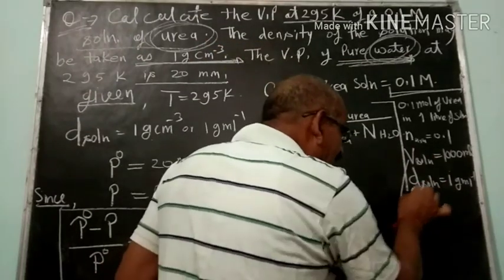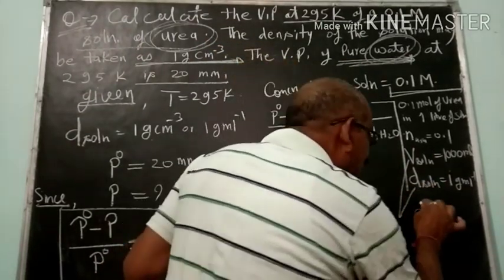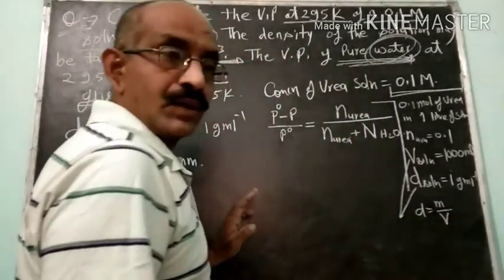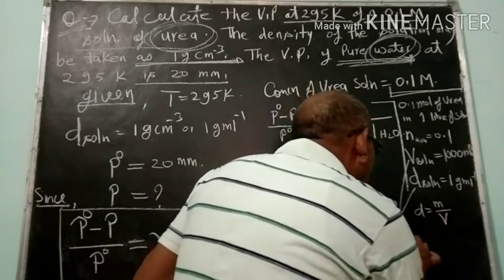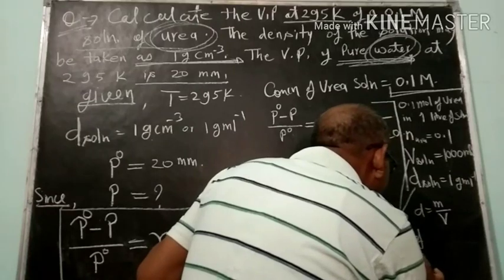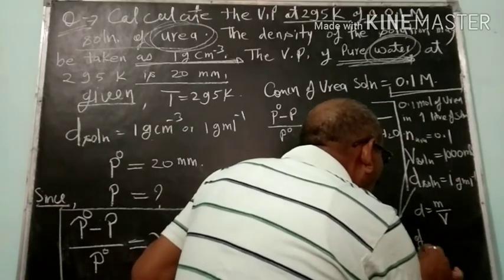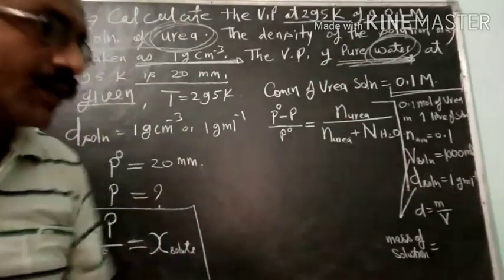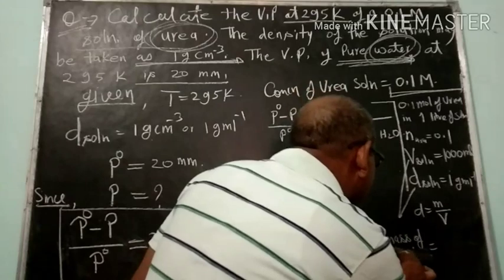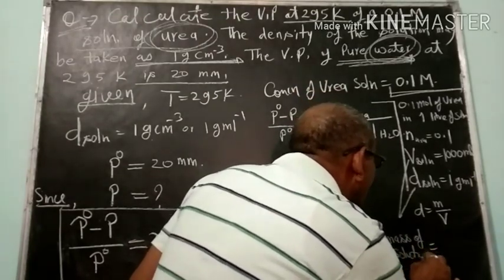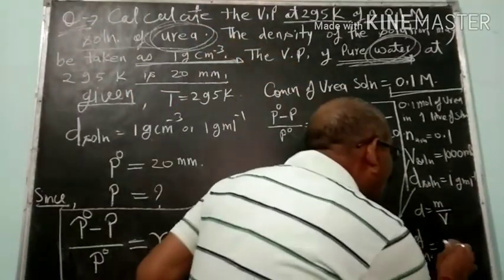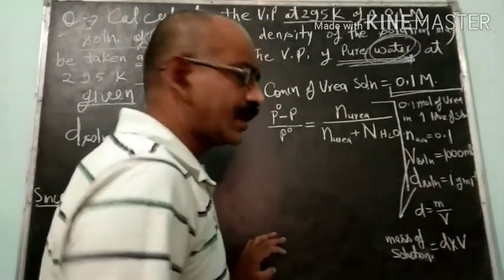So using these two data, you know density equals mass over volume. So you can determine the mass of solution, which will be equal to the density into the volume of solution.